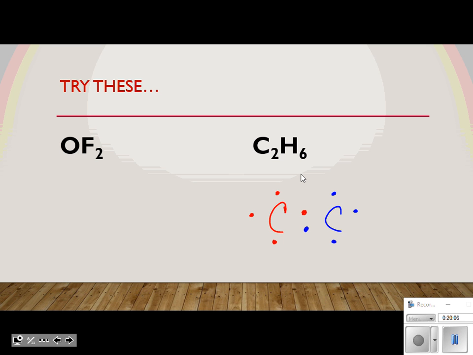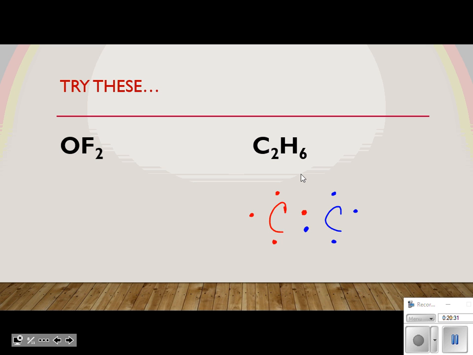Now, as I put those two together, can you see that I have 3 open bonding sites to each carbon? Can you see that I have 6 hydrogens? 3 and 3 is 6. 6 hydrogens that like the single bond, right?